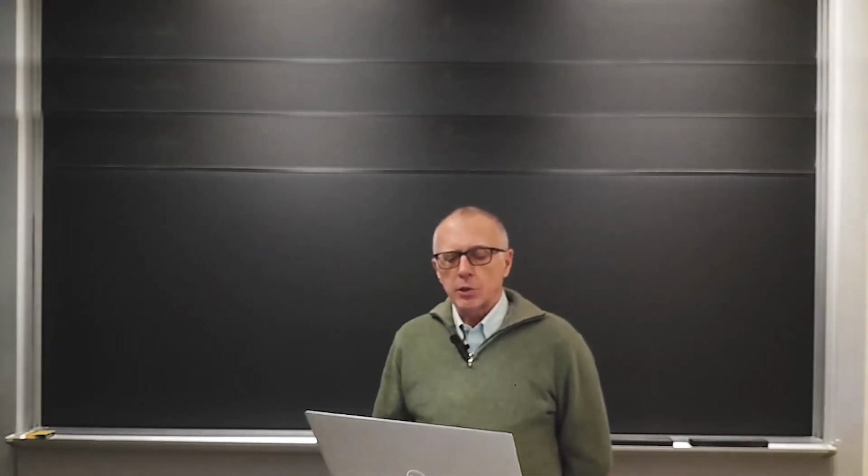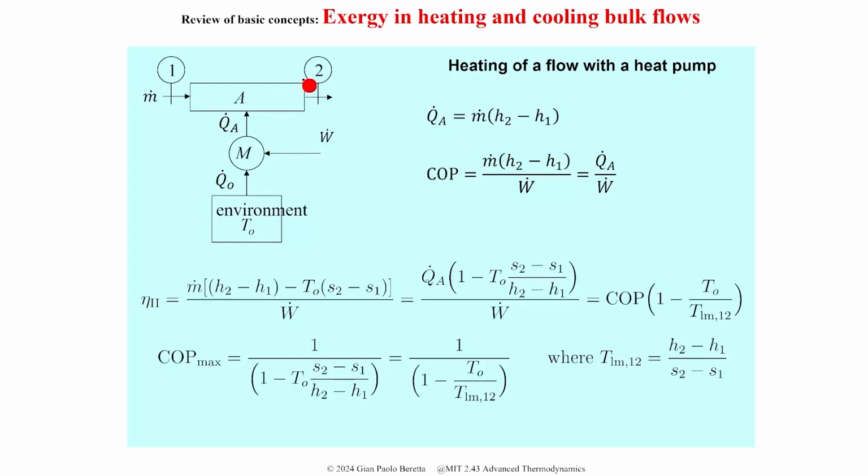For example, heating water from condition 1 to condition 2, which therefore requires by the energy balance an energy which is given by the flow rate times the change in the enthalpy of the flow, that may be understood or called heat, even if it is a bit improper, because it's not really a heat interaction, or at least it is a heat interaction at multiple temperatures, as the temperature changes from 1 to 2 here.